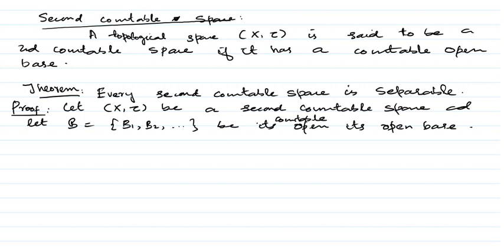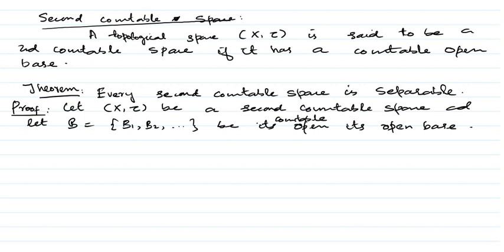So we need to show that this is separable. Separable means it has a countable dense subset. How we construct that countable subset is very important, so what will be its relation with the countable base?